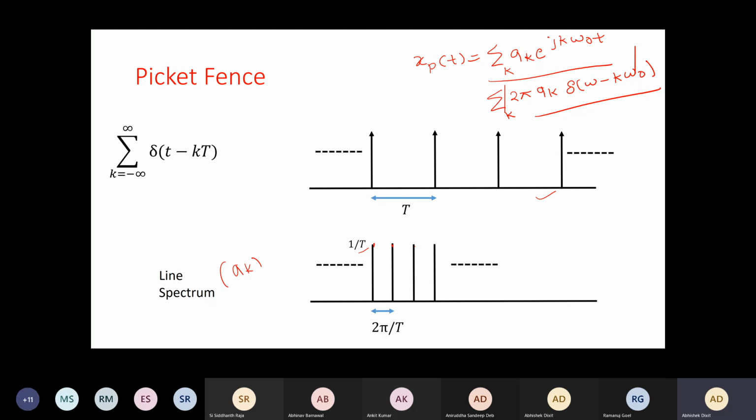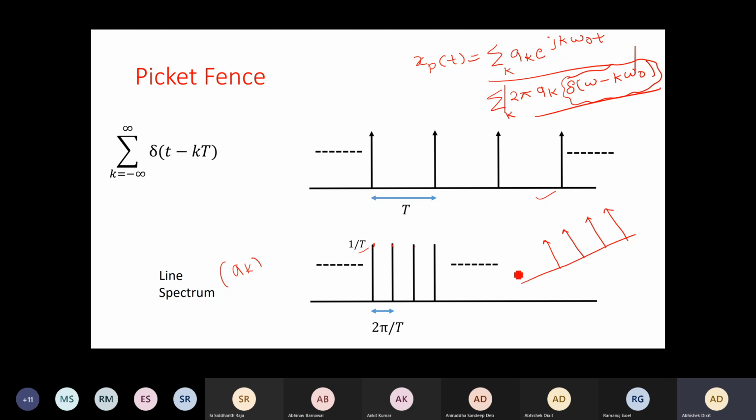What does this mean? Now you have impulses in place of lines. Earlier we had lines, now we will have impulses in place of these lines. And what is the weight of these impulses? 2 pi AK. That's it. So it's very easy to convert a line spectrum into a Fourier transform. The strategy is: wherever there was a line, we just replace the line with an impulse.